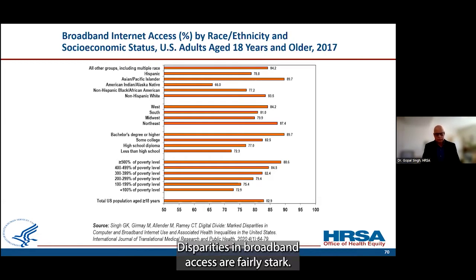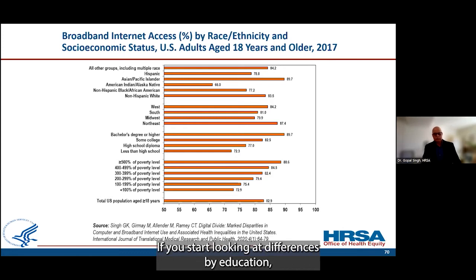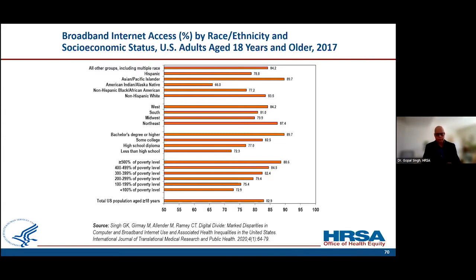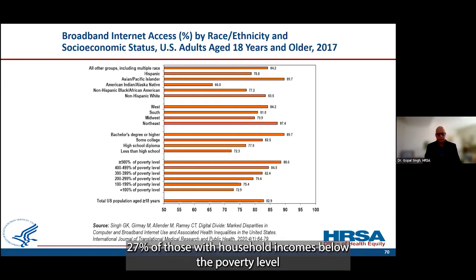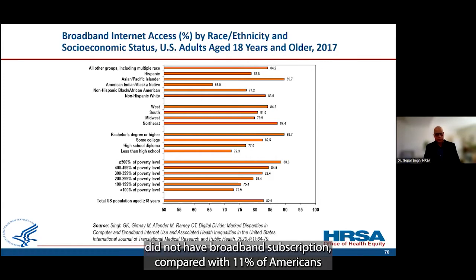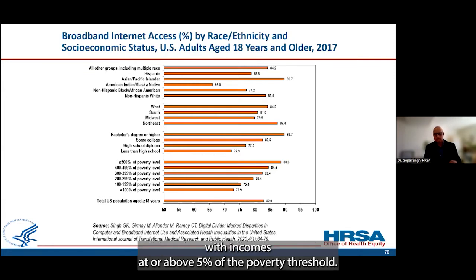Disparities in broadband access are fairly stark if you start looking at differences by education, income, race and ethnicity, and geographic area. For example, 27% of those with household incomes below the poverty level did not have broadband subscription, compared with 11% of Americans with incomes at or above 5% of the poverty threshold.